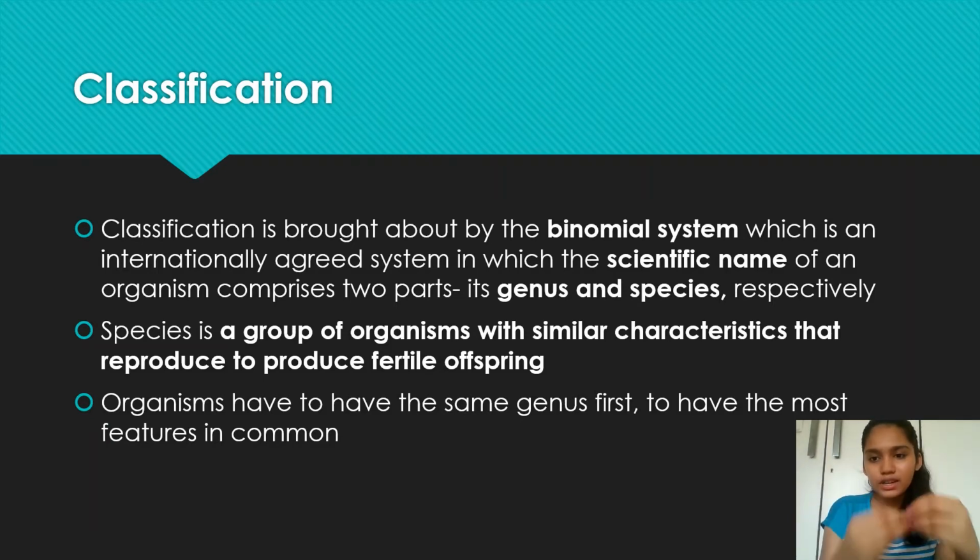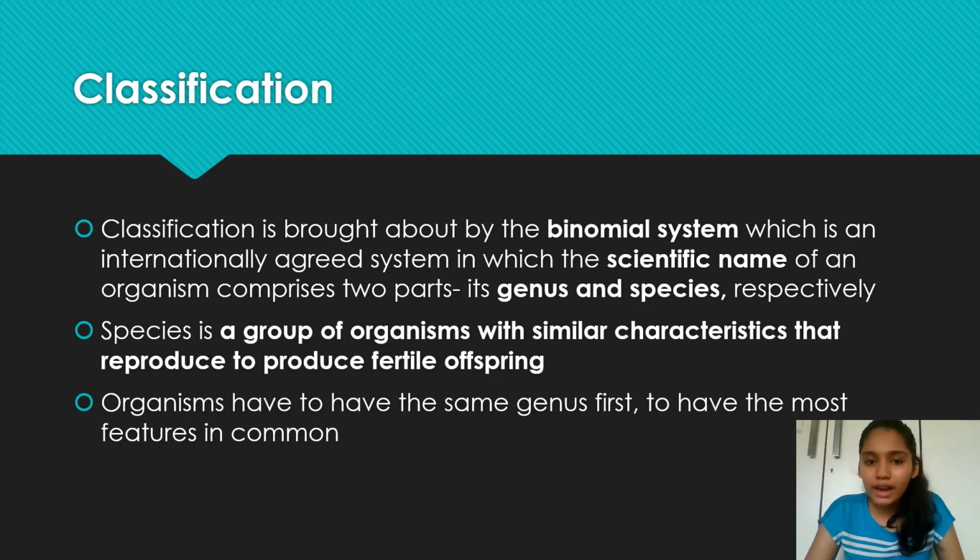You need to select the organisms that have the same genus first, and then the species is secondary, because genus is a broader category than species, so if you don't have the same genus, you just don't have anything in common as such. It's just that the species is in common. So you need to first click on the option that has the same genus first and then species. So yeah, okay.